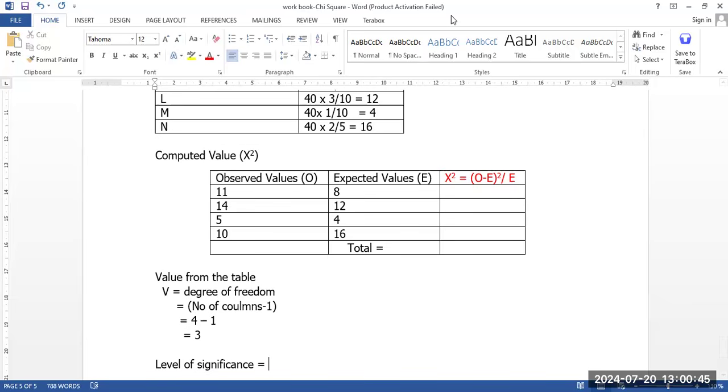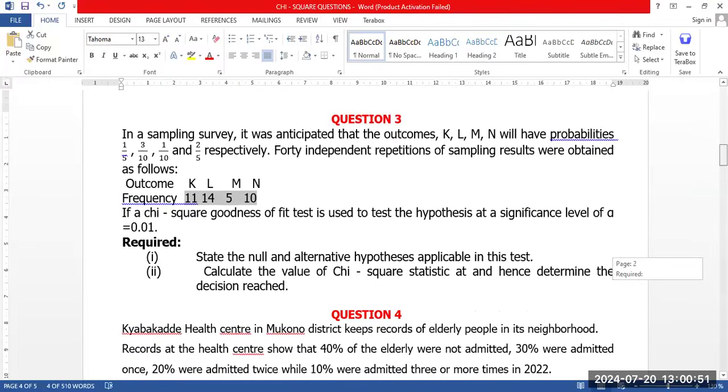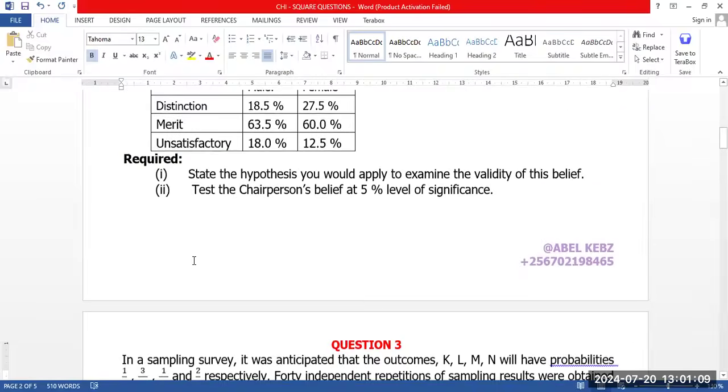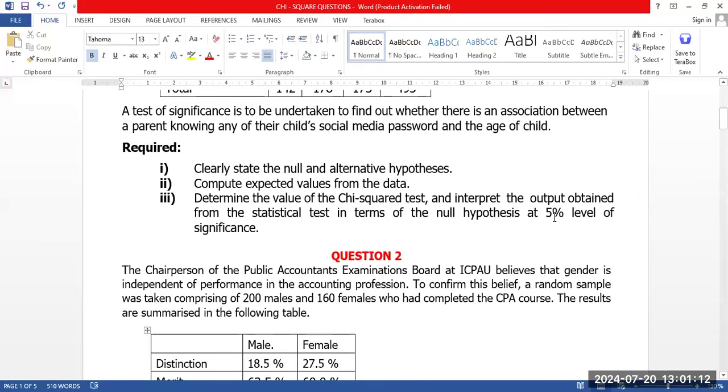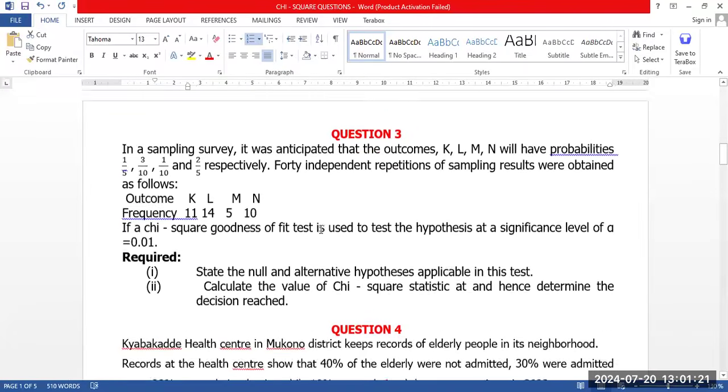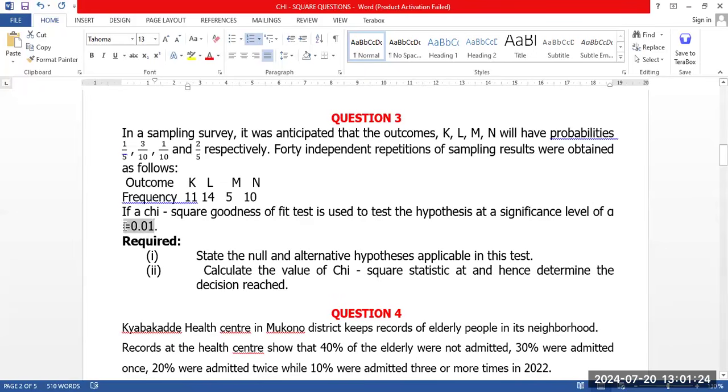In this question, the level of significance was 0.01. Alpha is 0.01, which is like 1%. Colleagues, I have not talked about this: they may give you a confidence level, let's say 95% or 90%, instead of 0.01.